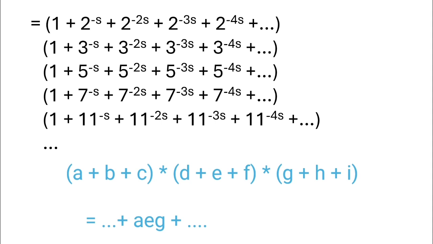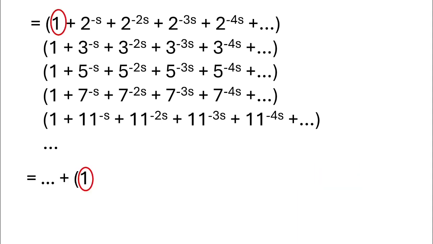What is it going to look like? Well, a given term would multiply one term from the first row and then one from the second row and so on. Let's say for the first term we take the 1, maybe. The next term, maybe we'll take the third item, 3 to the negative 2s. Maybe we'll take the second item from the third list, 5 to the negative s.